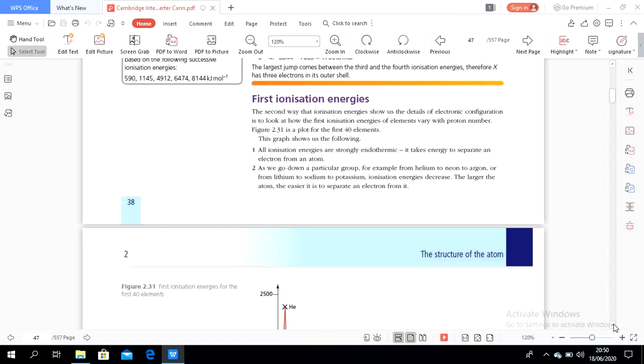Because of the strongly increased shielding effect. We know that going down the group, there are more electron shells. If more electron shells, then the outermost shell of electrons will experience more shielding from the inner electrons. This is the trend in the group.